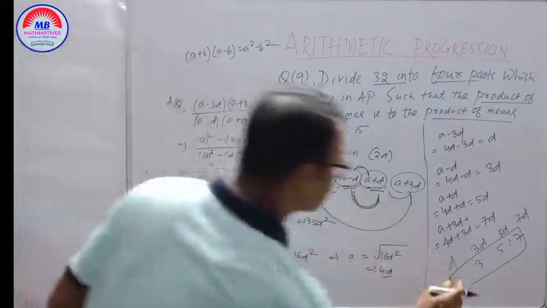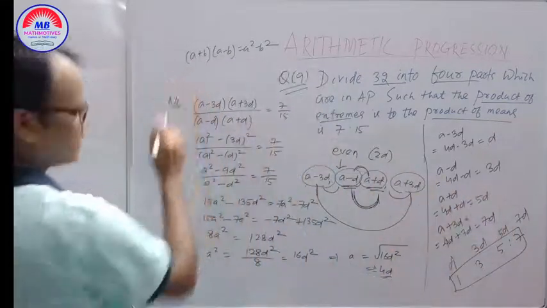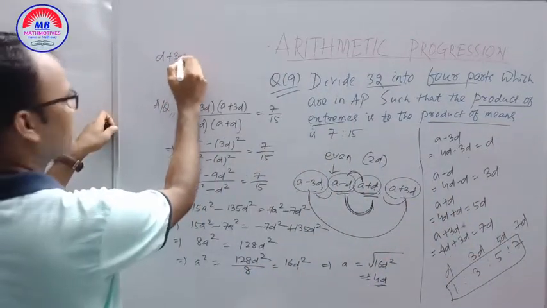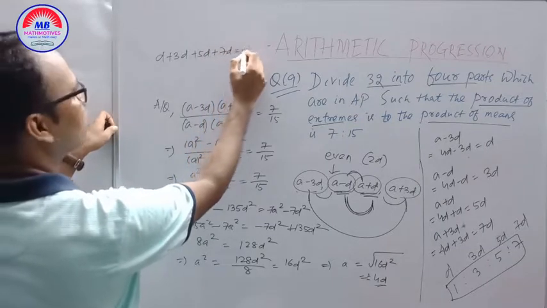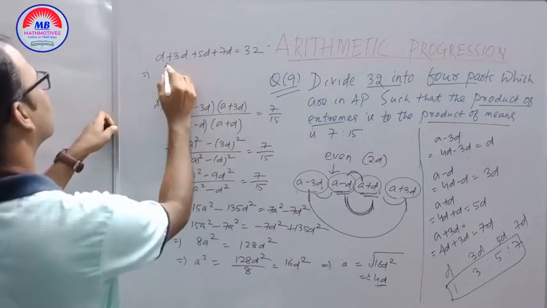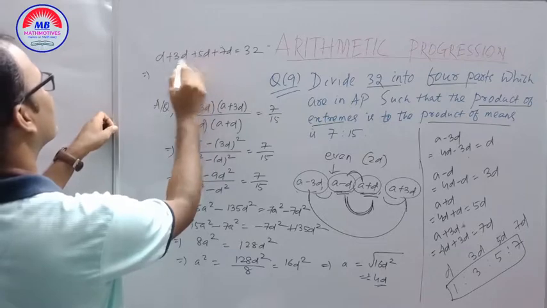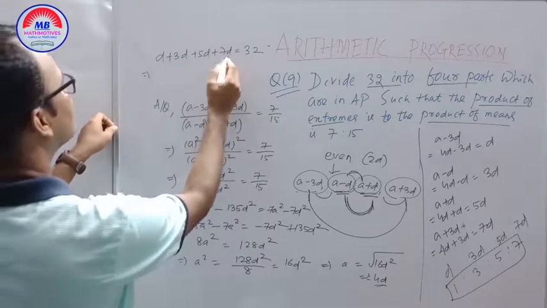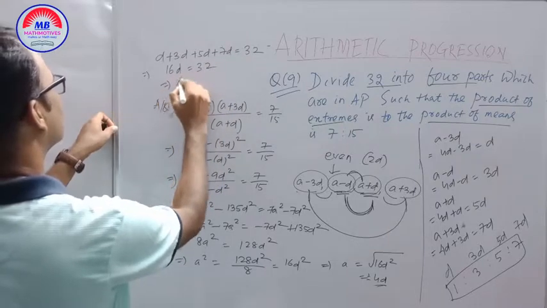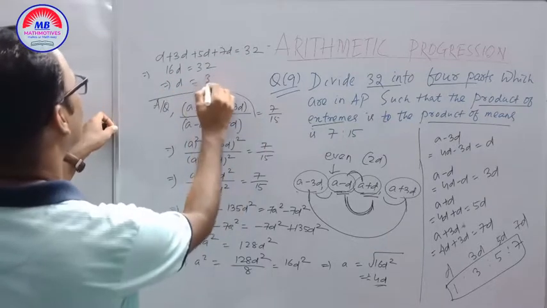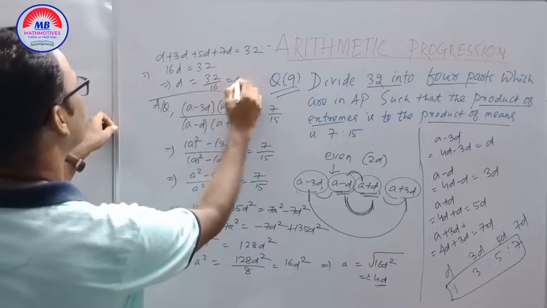So otherwise you can directly write d plus 3d plus 5d plus 7d equal to 32. That implies 16d equal to 32. That implies d equal to 32 by 16 equal to 2.